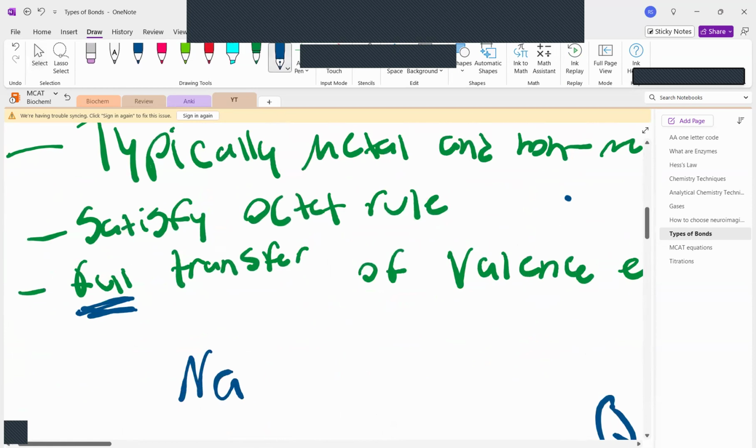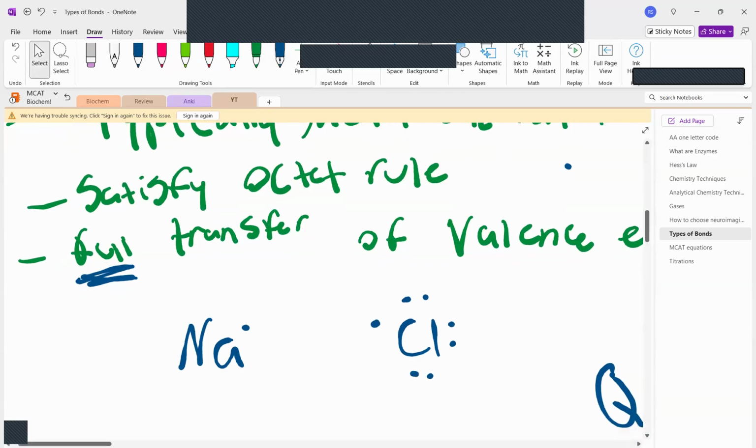So you have Na and chlorine. Sodium has that one electron, right? Chlorine has 7 valence electrons. So as you can see, they have a super big electronegativity difference because one's a metal, which is sodium, and chlorine is a non-metal.